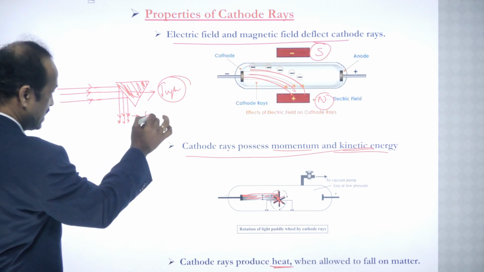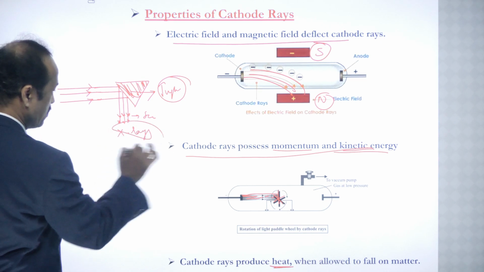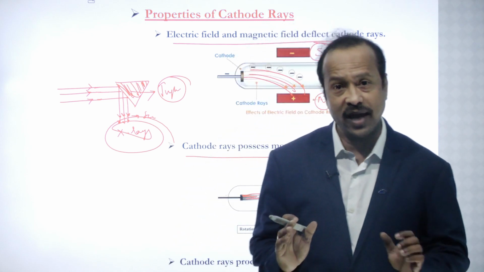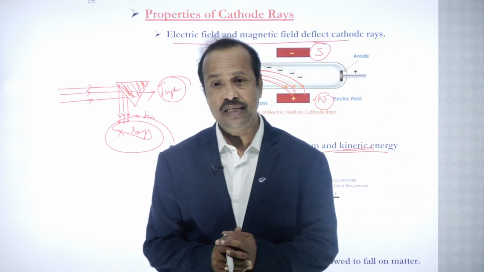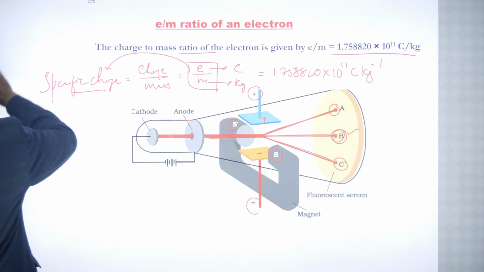These are called secondary rays, and these secondary rays are nothing but X-rays. So X-rays are produced from the cathode rays. These are the important properties of the cathode rays.